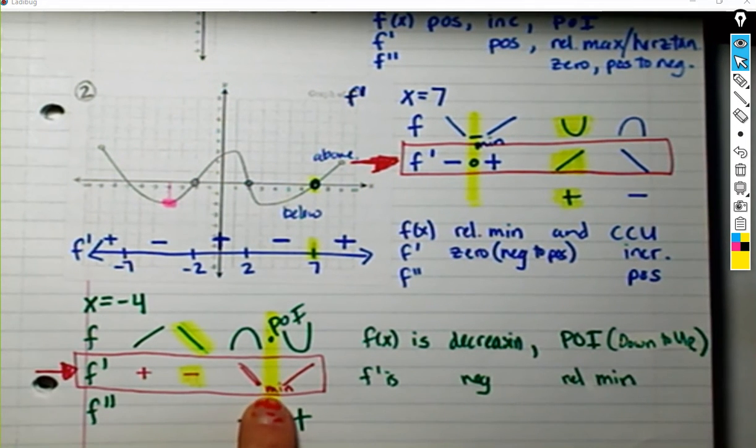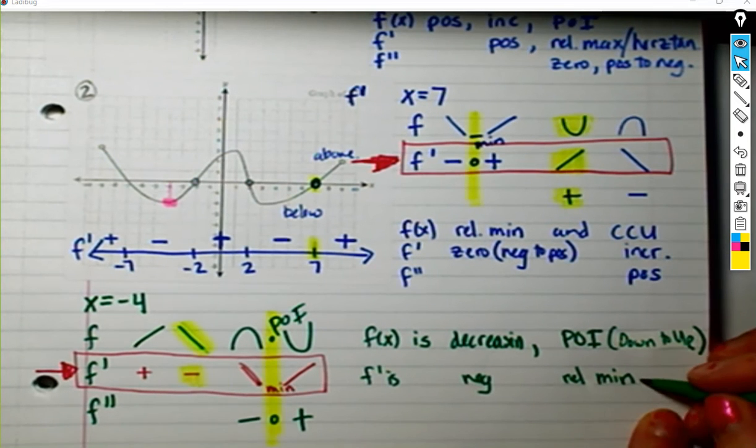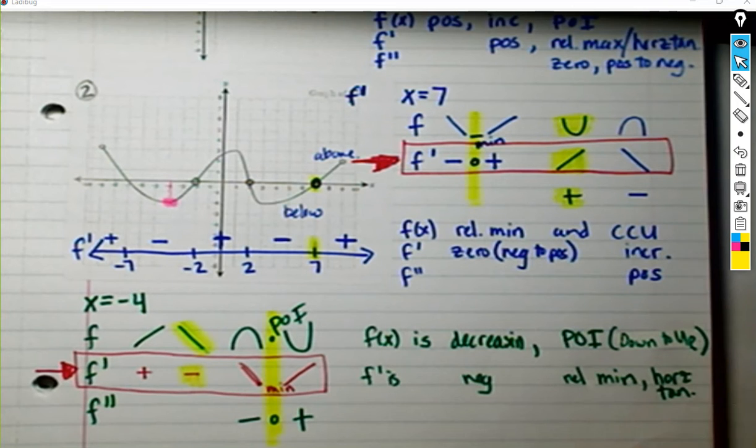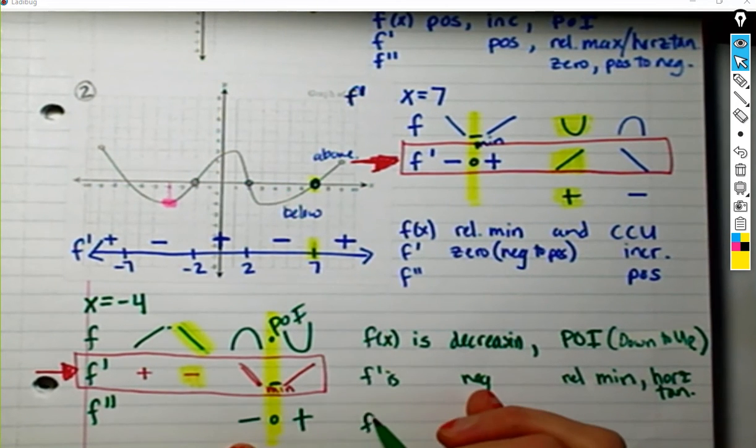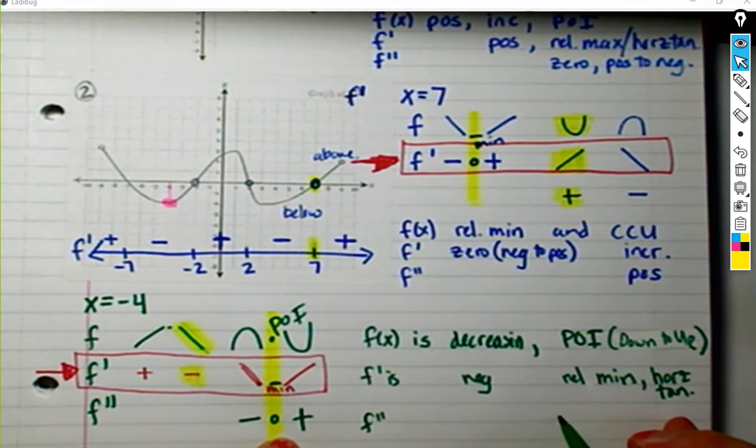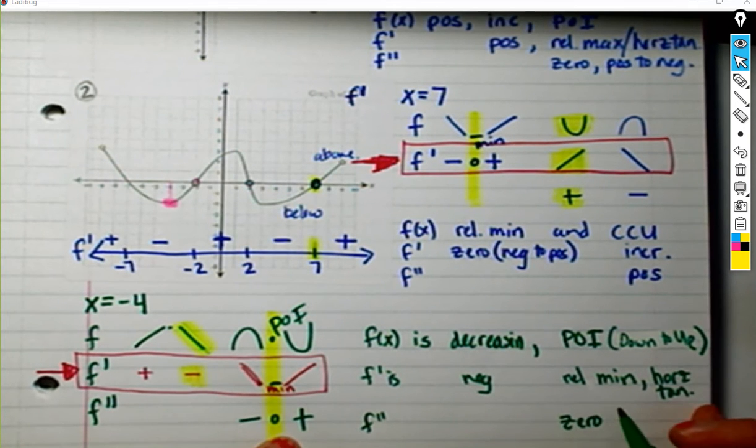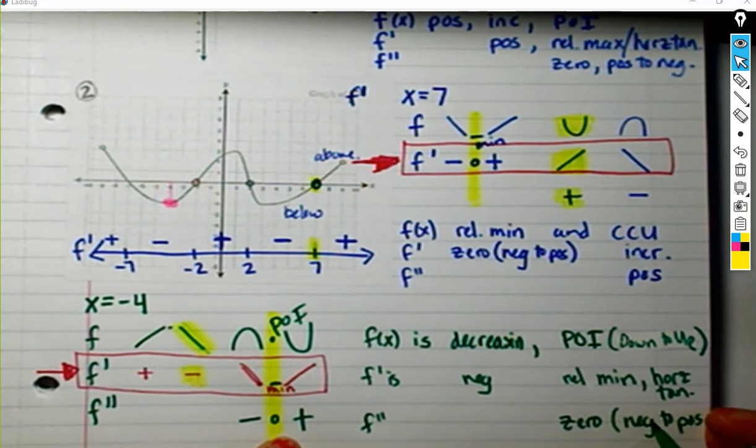Because it's the bottom of a hill. Minimum. And I suppose I could say has a horizontal tangent. Mins and maxes always get horizontal tangents. Okay, f double prime is 0, negative to positive.